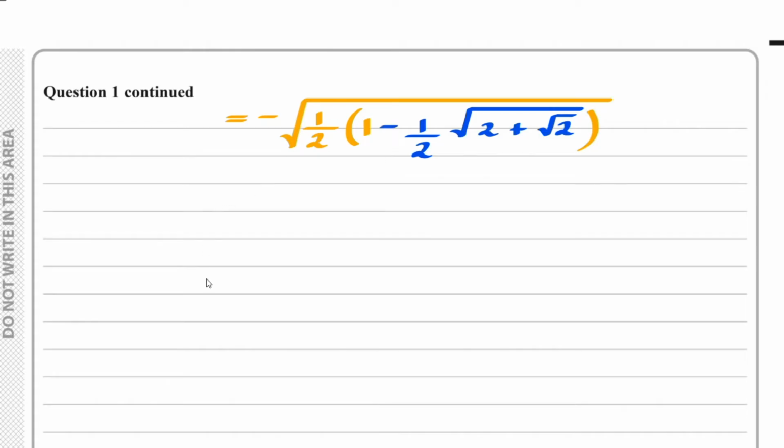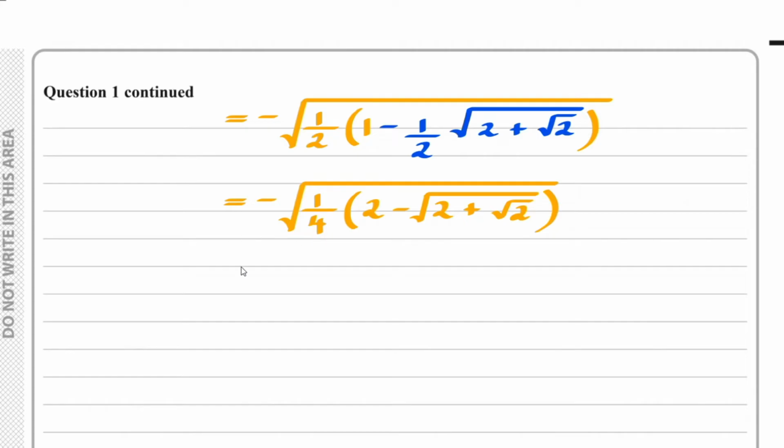Let's attempt to simplify. We have negative the square root of, now if I factorize out a 1/2 from this bracket and multiply it by 1/2, I end up with 1/4, and inside the bracket we would have 2 subtract the square root of 2 plus root 2.